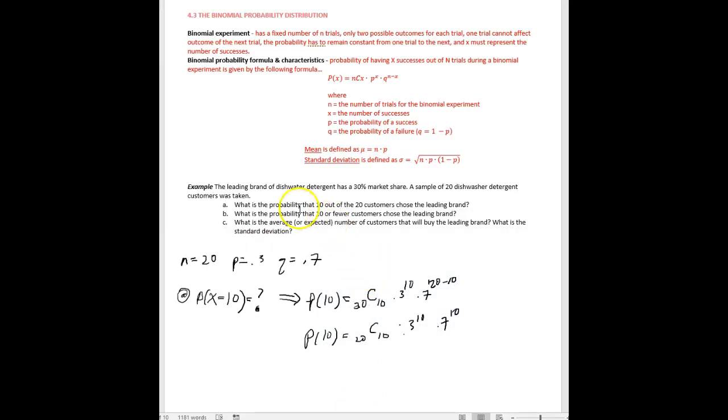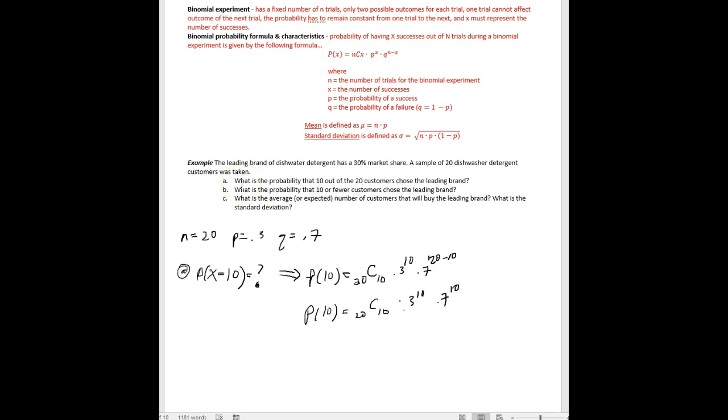And then lastly, let's just do C. C is very, very easy. What is the average or expected number of customers that will buy the leading brand? Average is our keyword for the mean. So C is just asking, what's our mean? Our average number is just going to be N times P. So our N, which is 20, times our P, which is 0.3. That would be 6.